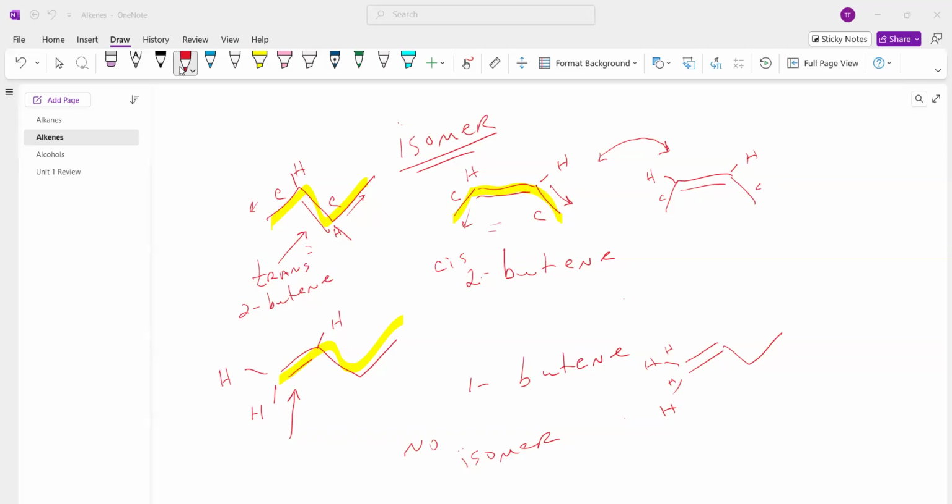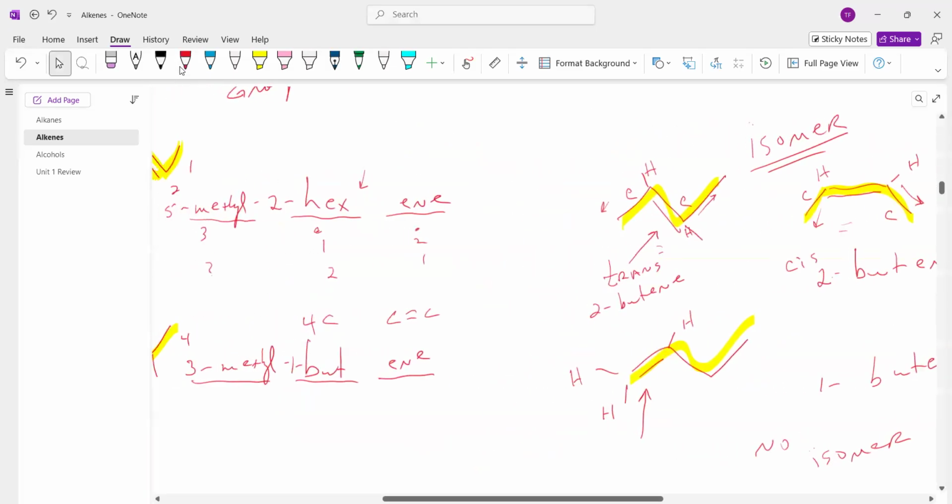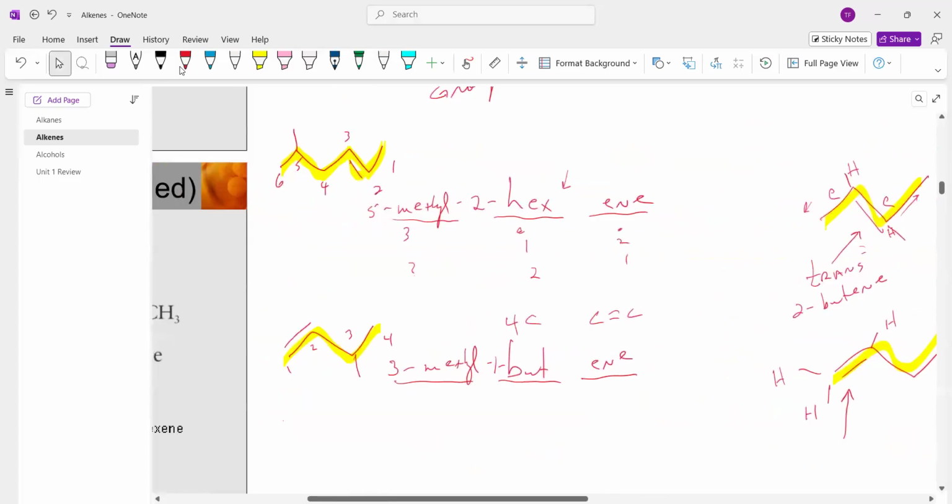I didn't number it here, but I did number it over here. Okay, so like this example up here, this is the methyl here. And what carbon number is it attached to? Oh, 5. 5, so that appears there. And with the double bond, the hexene, what carbon number does it start on? Carbon number 2, that appears there.